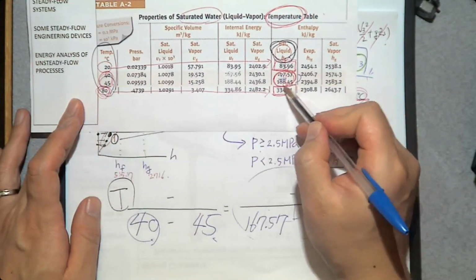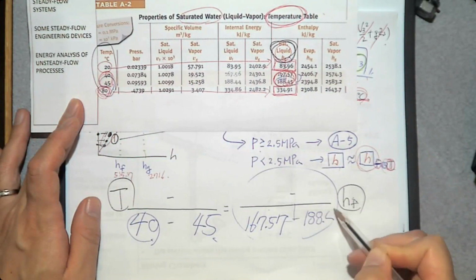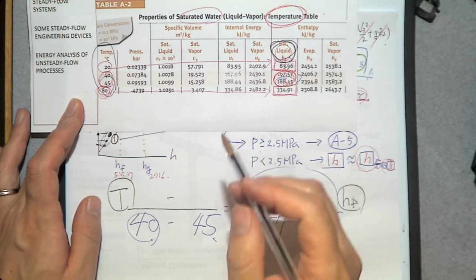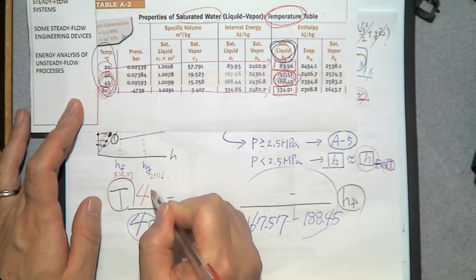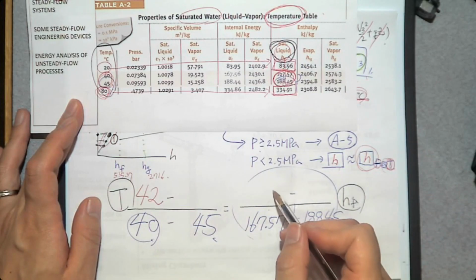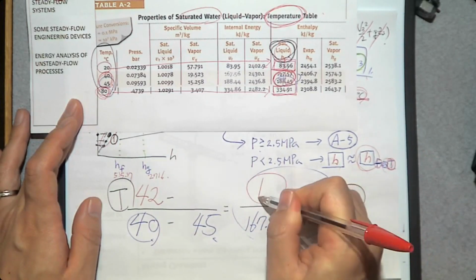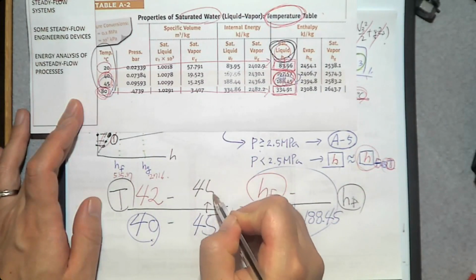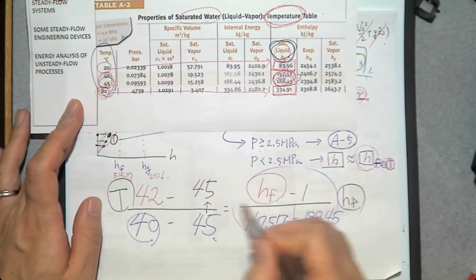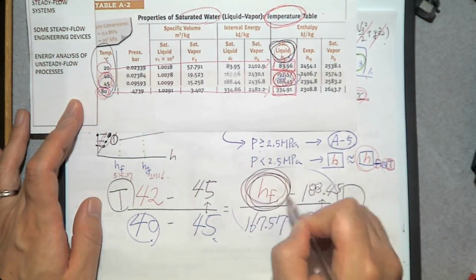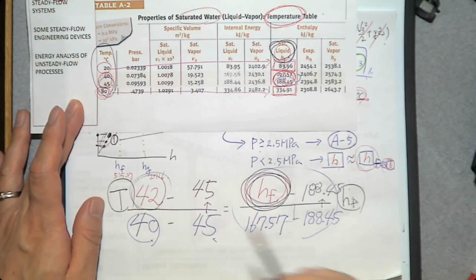At 45, 188.45. Then at what temperature do we want to evaluate h_f? 42. So I'm going to write 42 at the top left on the left-hand side. The top left of the right-hand side is the unknown h_f. Then we can finish this equation by writing 45, 188.45. That's how you can determine h_f at 42 degrees Celsius.